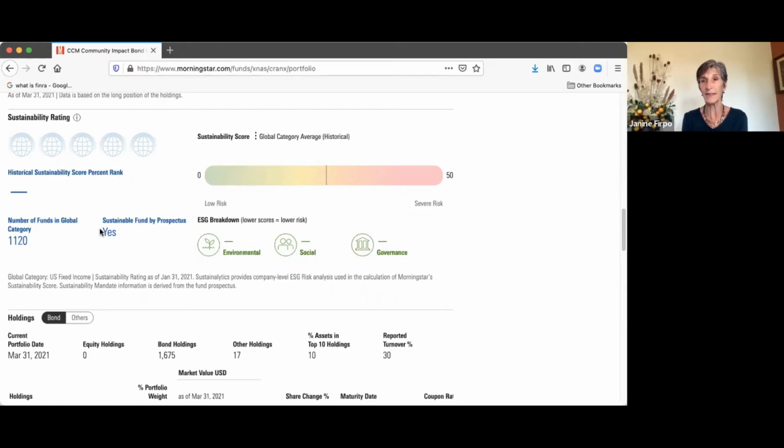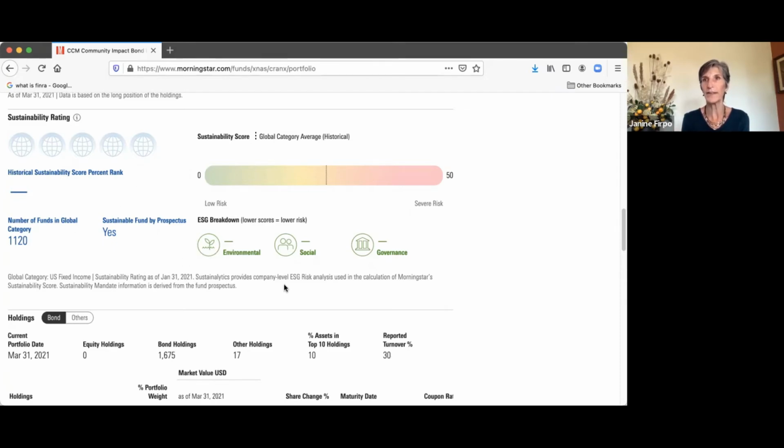So what that means is the prospectus, or the information that the issuer of this fund or the company behind this fund has put out to potential investors, says that part of the purpose of this fund is sustainability. And that's really all the information that we get right here.